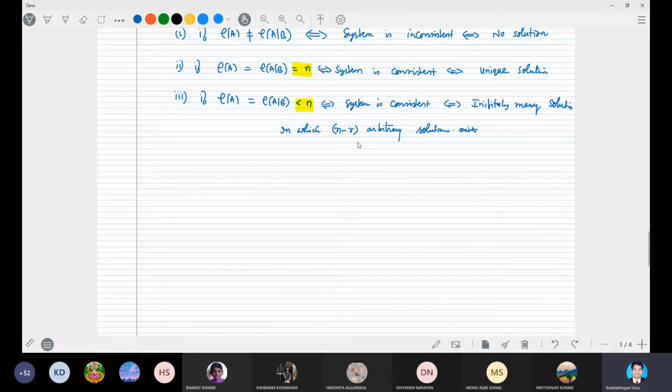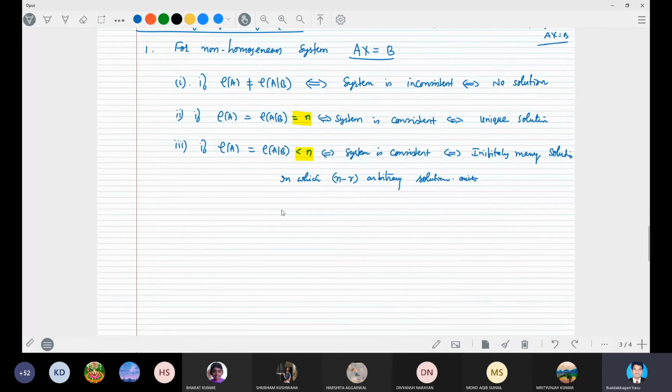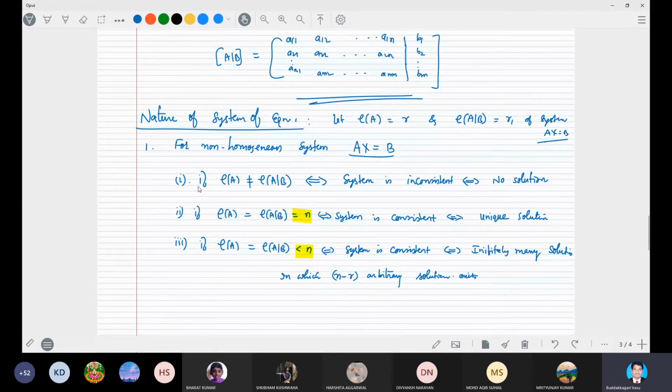N minus r independent solutions are there. Arbitrary solutions are nothing but independent solutions. Here r means the rank of A is equal to rank of AB. This is the nature of the non-homogeneous system.